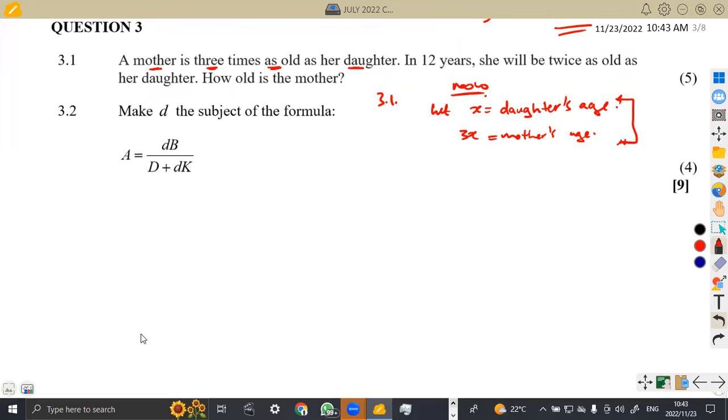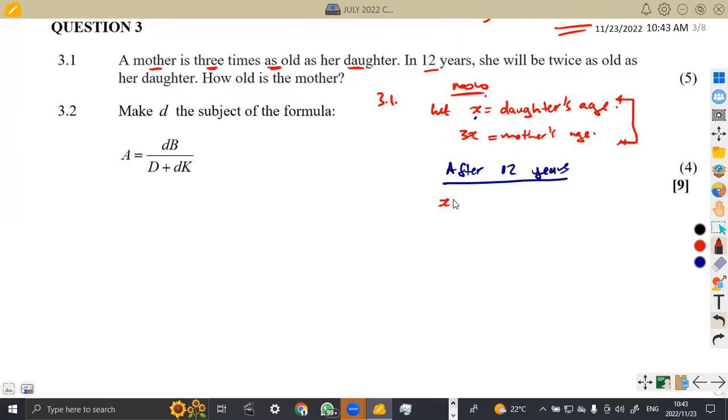Then after some time, we are now given that in 12 years time. So now we are referring to a condition after 12 years. So let's see what we have after 12 years. After 12 years, since the daughter currently has X years, it is going to be X plus 12, because it's in 12 years time, so you add.